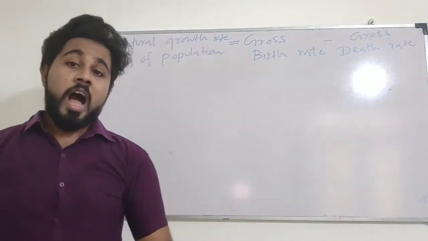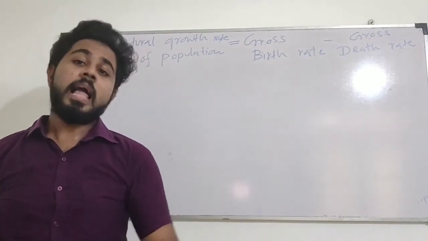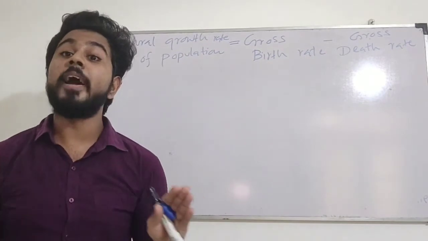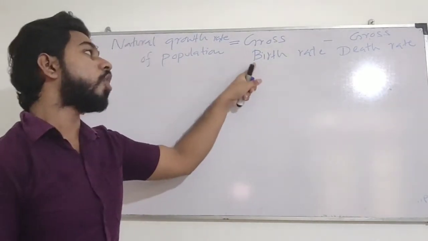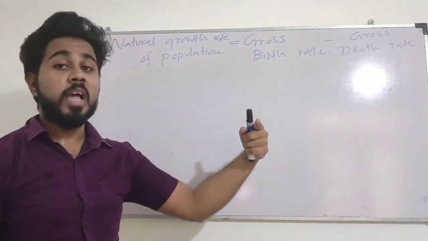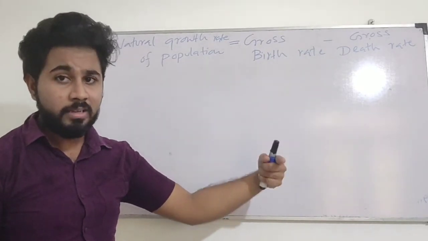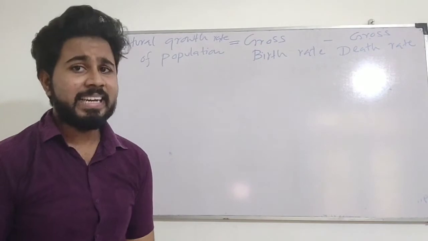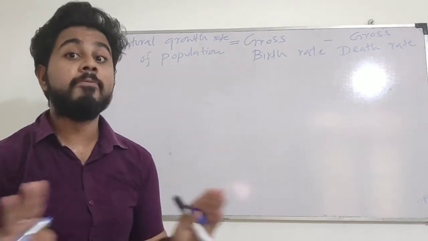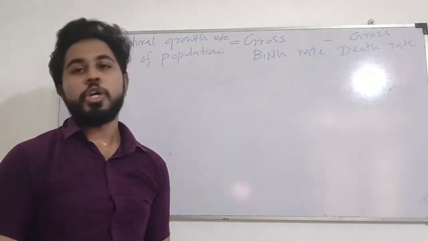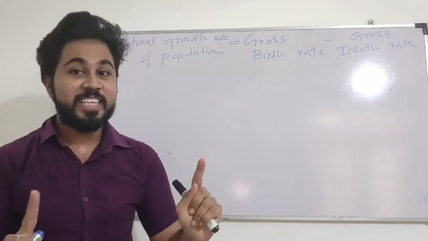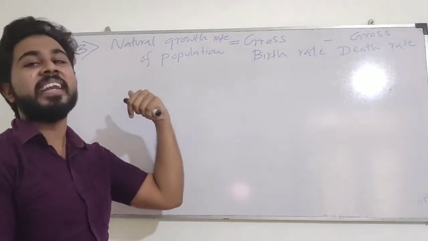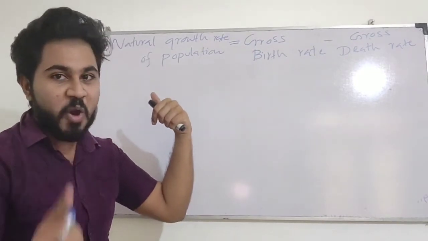That means how many people were born last year per every 1,000, that is the gross birth rate, minus how many died in a particular year per every thousand, that is the gross death rate. The difference between these two ratios is simply defined as the natural growth rate.